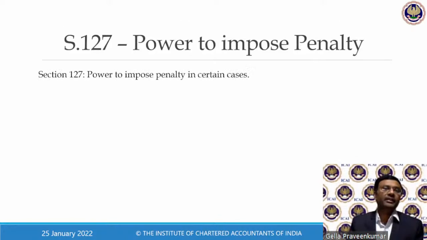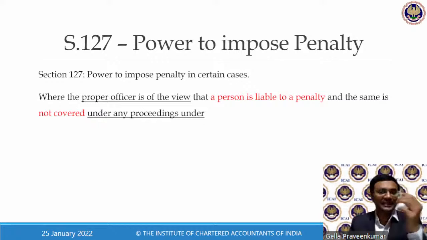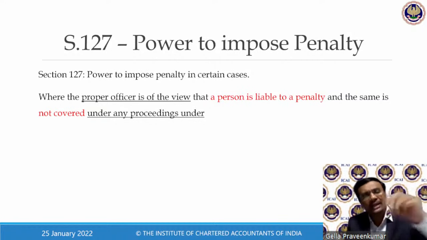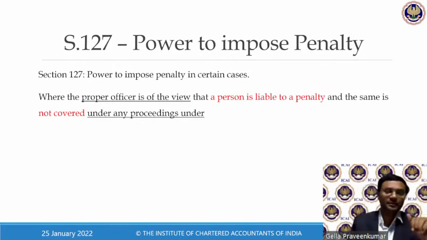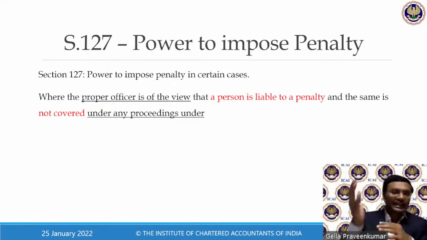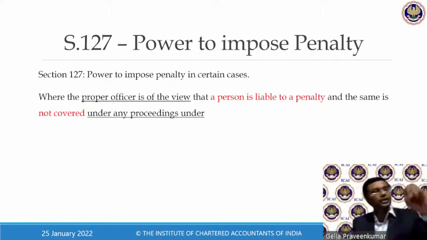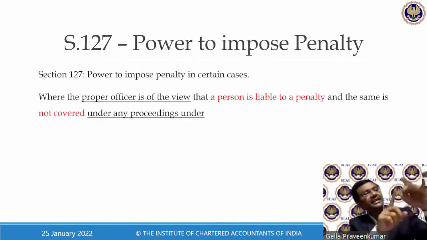Next, power to impose penalty in certain cases. Now, this section 127 says that wherever a penalty is to be levied but it was missed out. Now, I draw your attention to section 75. In the example Excel file, we were discussing 10 examples where a show cause notice was issued for tax, interest, penalty.